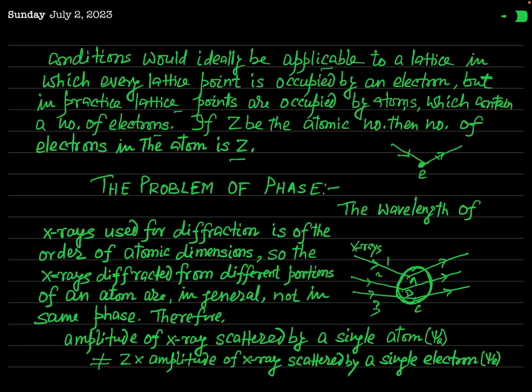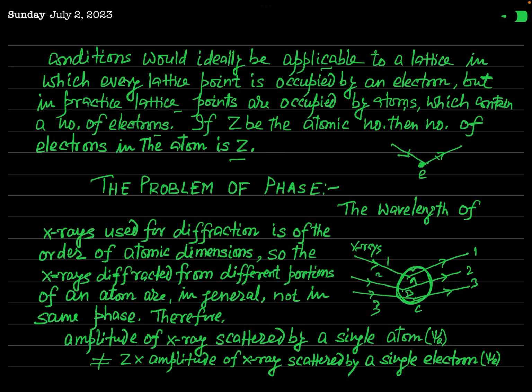Since the X-rays get diffracted from different portions of an atom, in general the scattered beams are not in the same phase. So the first beam differs in phase with the second beam and with the third beam, and so on.